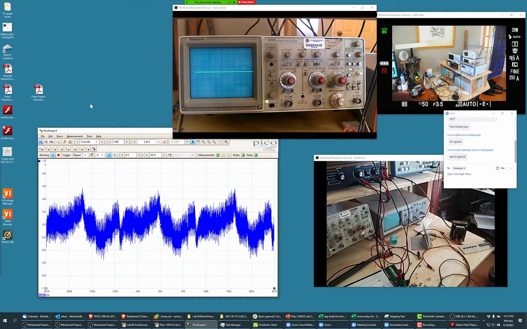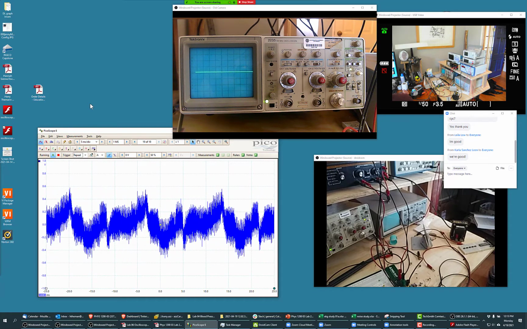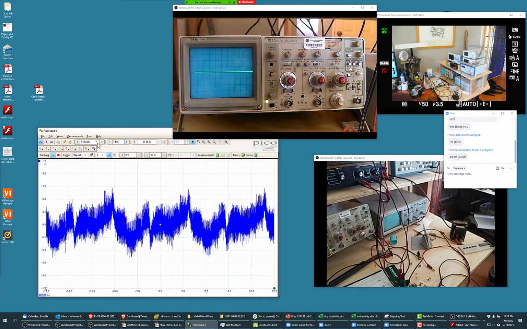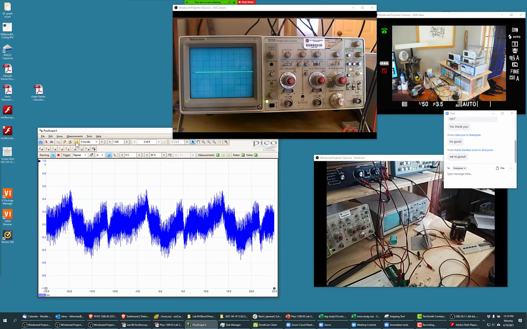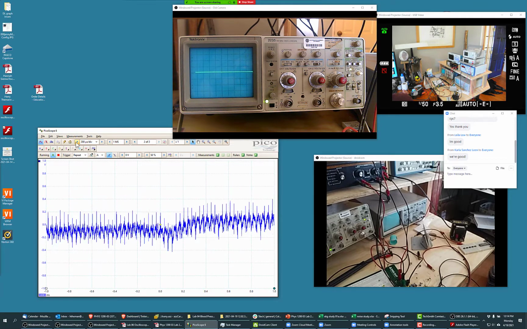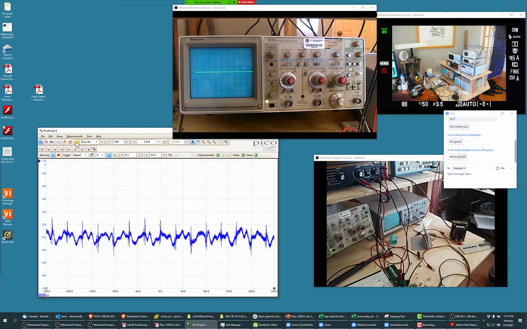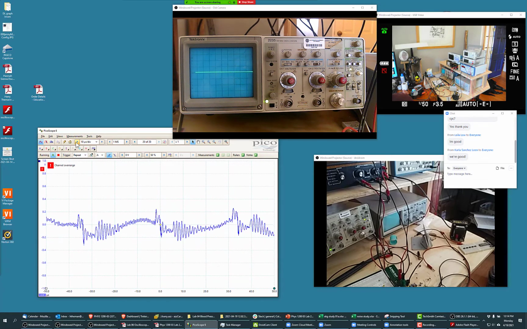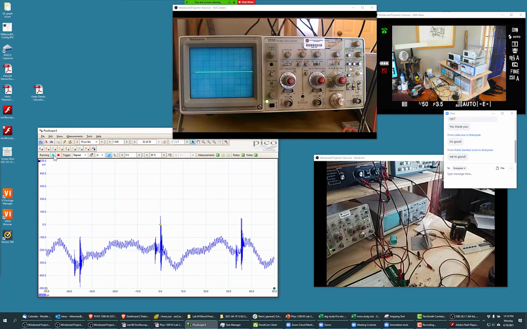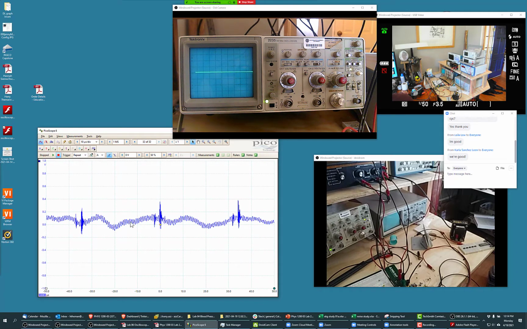I can't do line triggering with this. So that's interesting. But this thing can really show us. It's amazing. So let's see, what is that? I want to see what that frequency is. I can cheat.